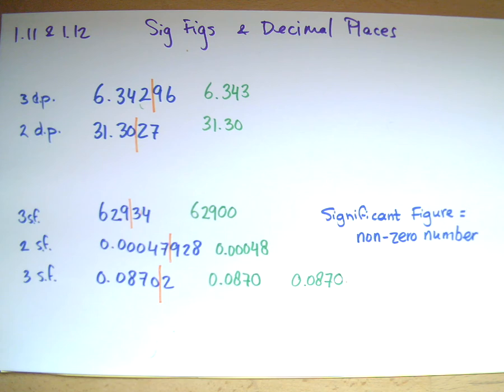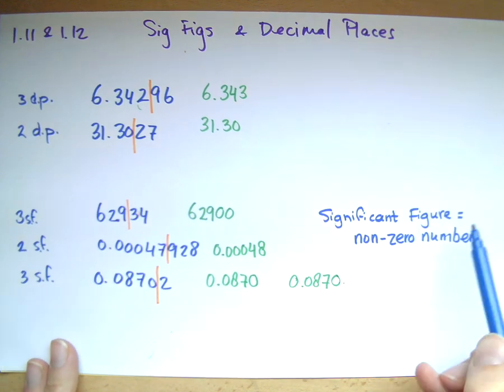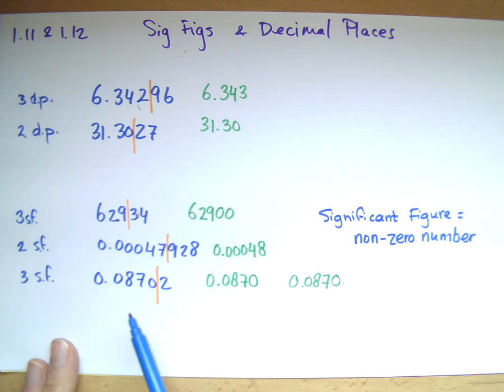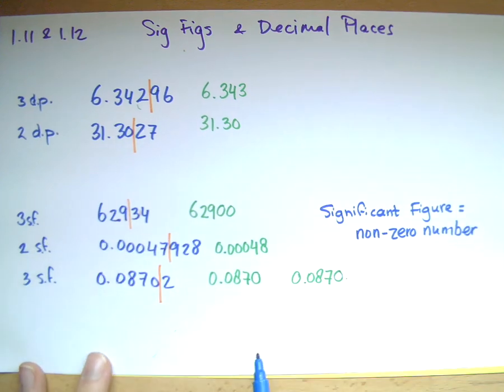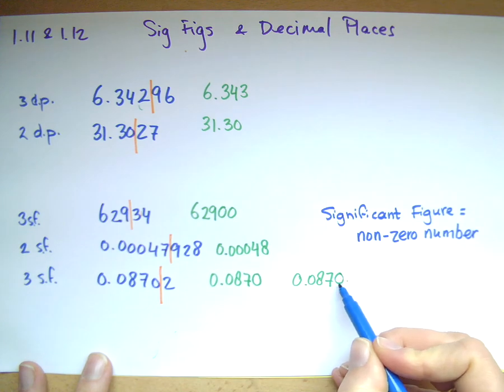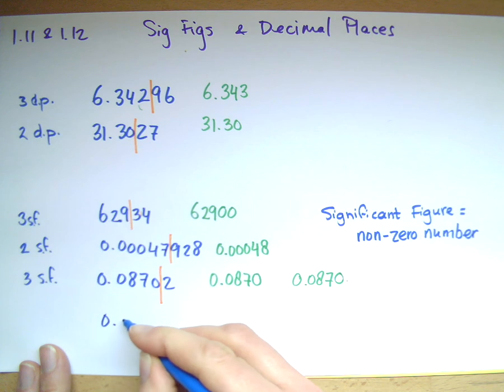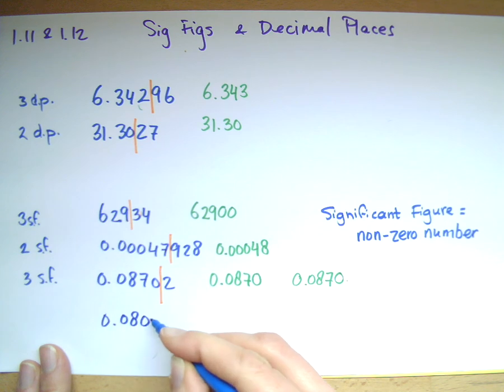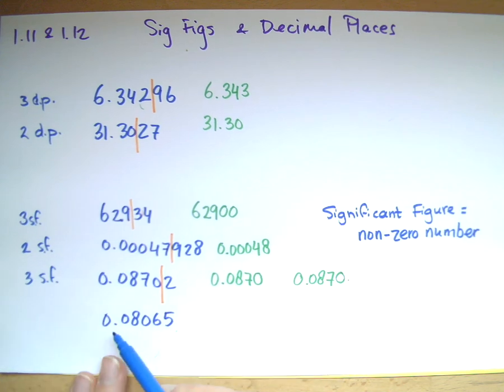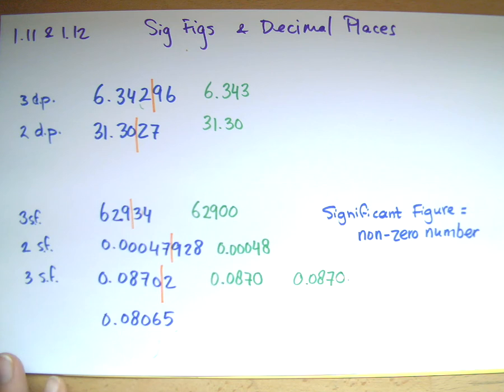I should add one to show you that even a 0 can be a significant figure when it's in between or at the end. Right here, the 0 is significant. In this case, if I were to ask you how many significant figures this has, you would count from the left to the first significant figure that you hit, the first non-zero.